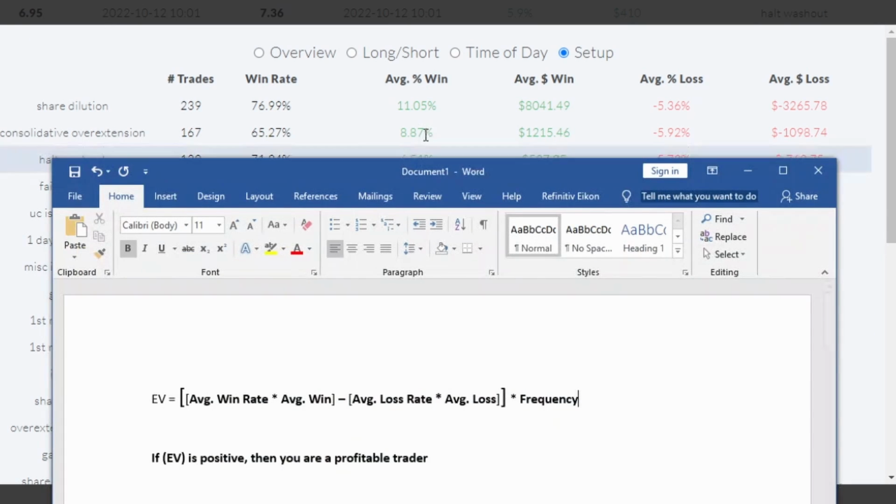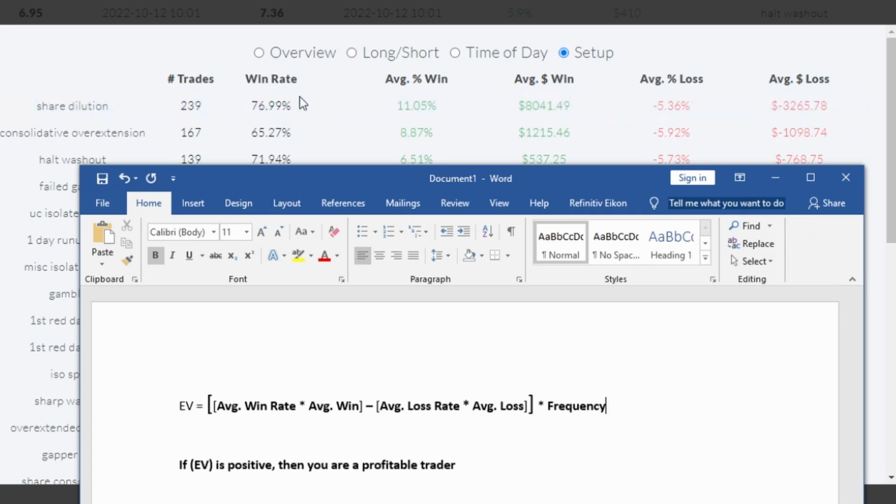Every time I enter a trade, I know the win rate. I know how much I expect to win or how much I expect to lose if I lose. I know the odds every time before I enter a trade. Nothing is random, nothing is by chance. Everything is calculated prior to executing a trade.